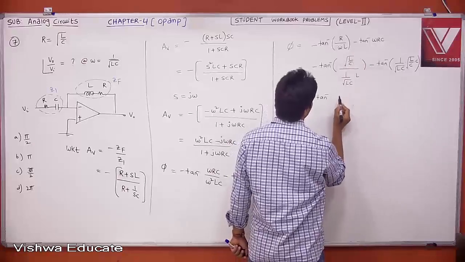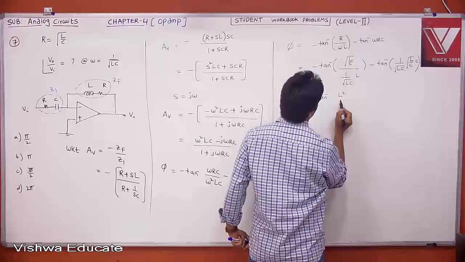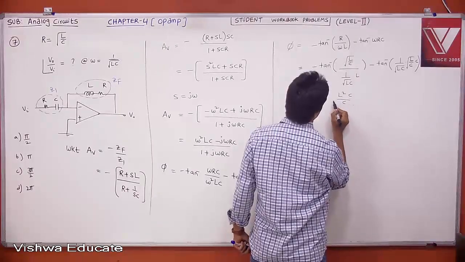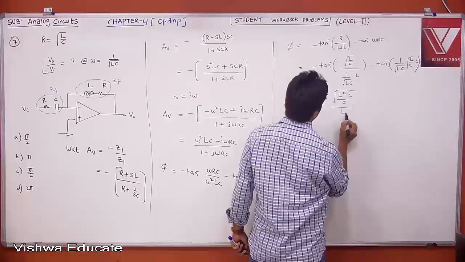If you take inside, then it is L square into C divided by C, root divided by L divided by L.